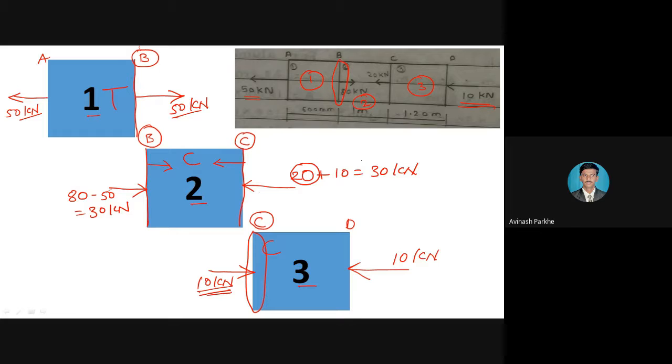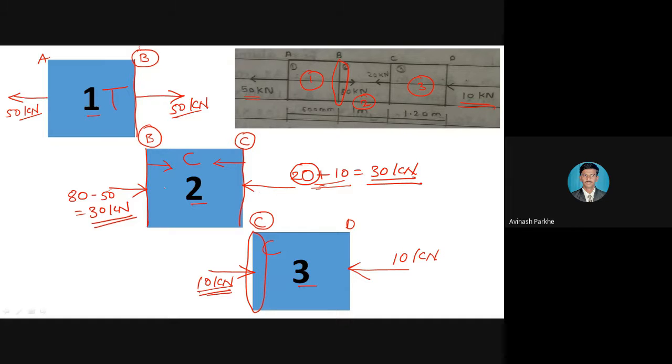Now your condition is balanced, means at the left side 30 kilonewton force is there, at the right side 30 kilonewton force is there. But here at one side we have made subtraction, at another side we have made addition. If at the left side 80 minus 50, 30 kilonewton, at the right side 20 minus 10, 10 kilonewton, at one side 30 kilonewton, at another side 10 kilonewton, your condition will not be satisfied.